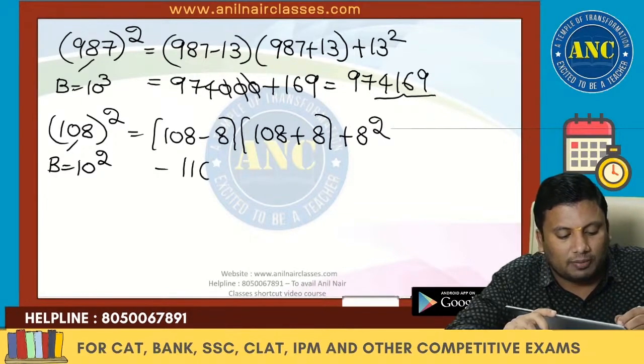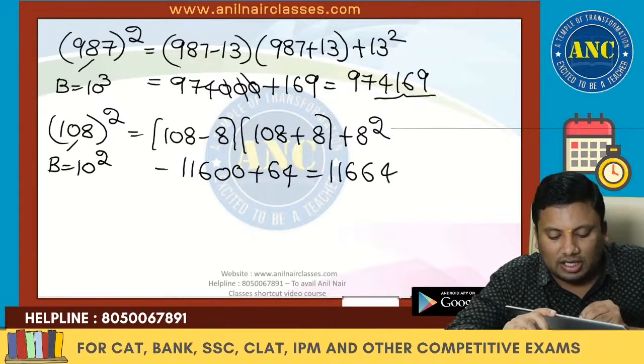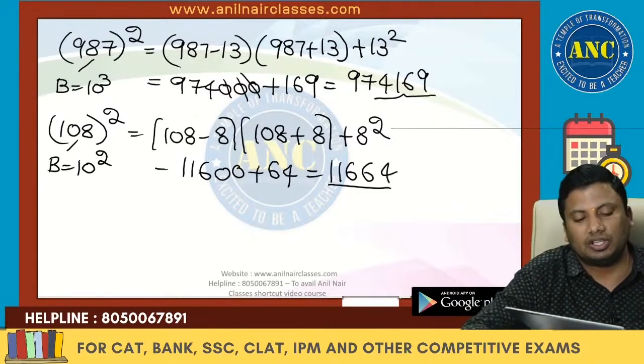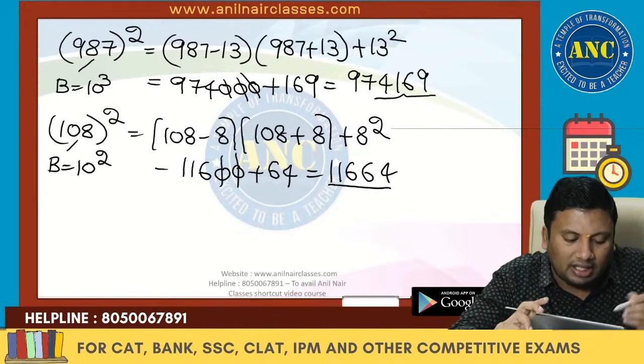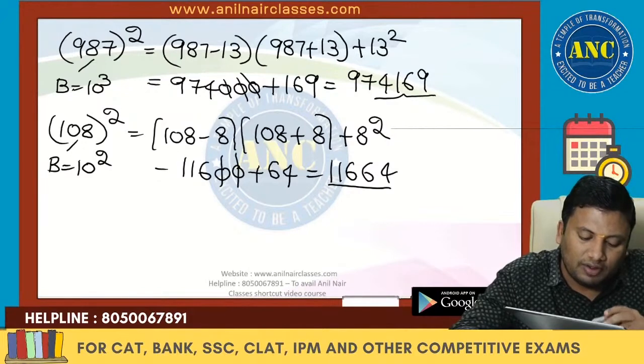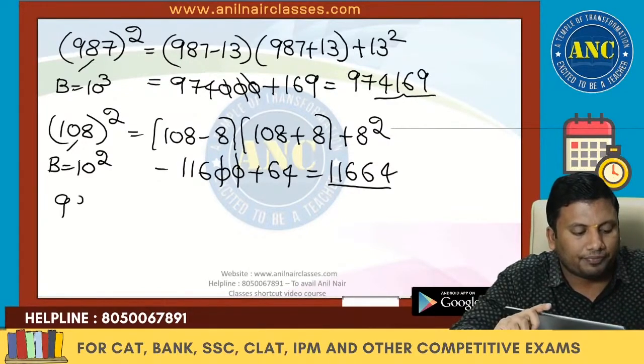The answer is 116, 00 plus 64, so 11664. Directly you will get the answer. In fact, you can eliminate the 00 because when added to 64, it is 11664.